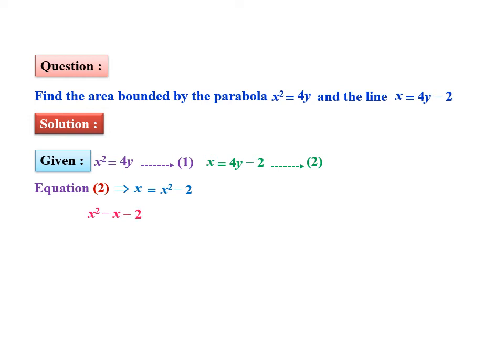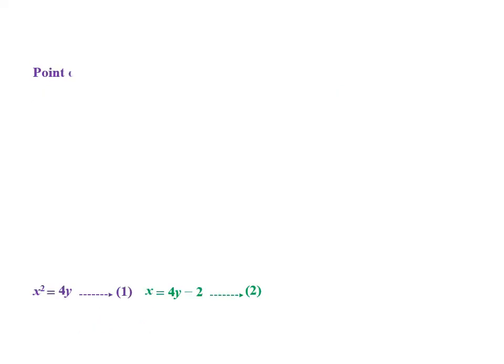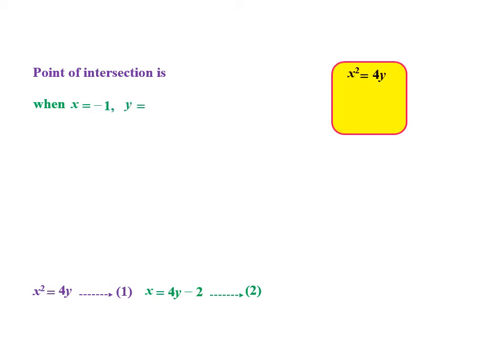So equations 2 and 1 can be simplified and the value of x will be x is equal to 2 and x is equal to minus 1. So observing the point of intersection, we get x is equal to minus 1, y is equal to 0.